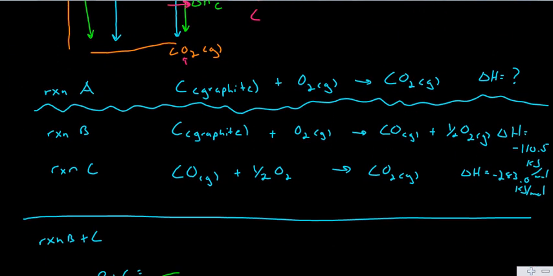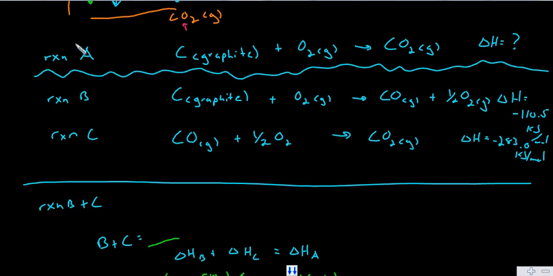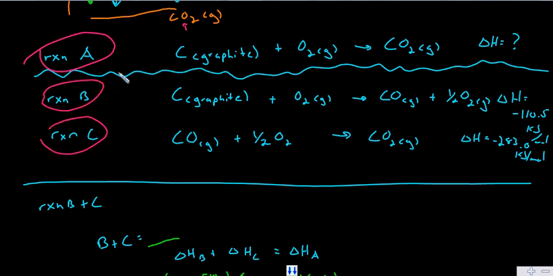Is this overall reaction A the same as reaction B plus reaction C? So what we want to do is add reactions B and C up to see if we get reaction A.